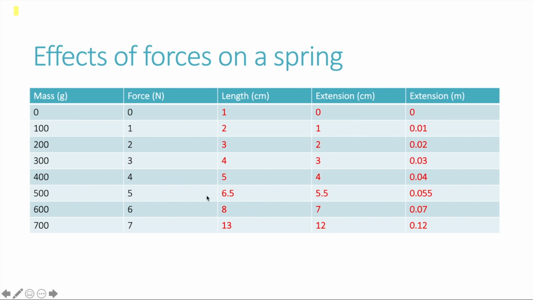Same with 600, you can see it's not proportional because normally, from the first few points, you'd expect 600 grams to give you 6 centimeters of extension, but you actually get 7, which is more than what we'd expect. And 700 is the same thing. You would expect 7 centimeters of extension, but it doesn't follow that pattern any longer, and there's a huge increase to 12 centimeters of extension.